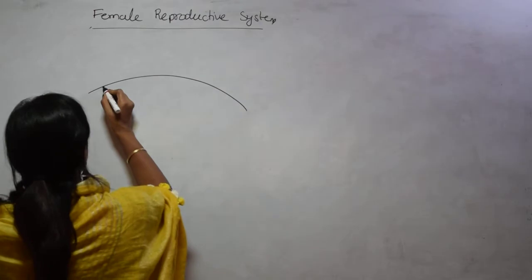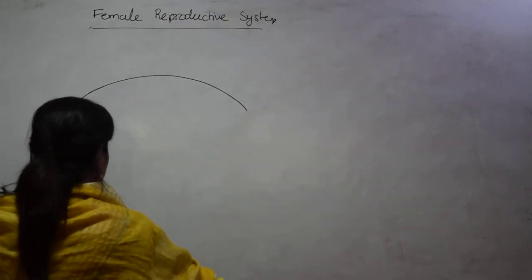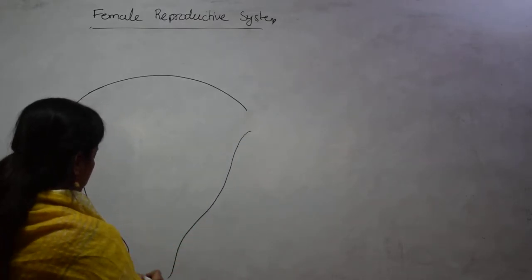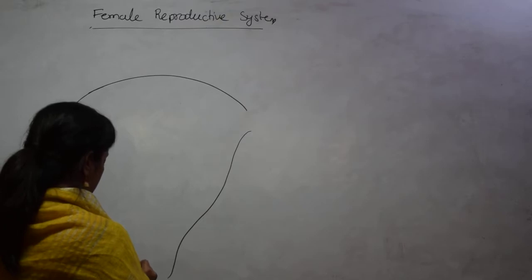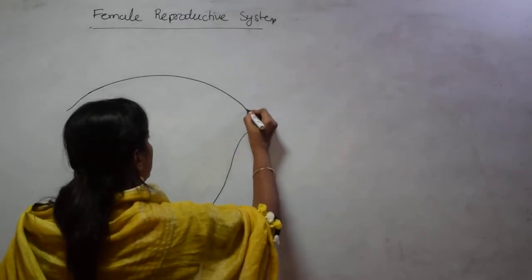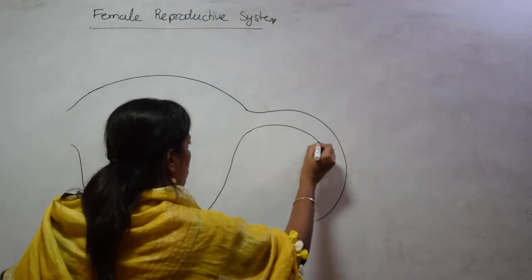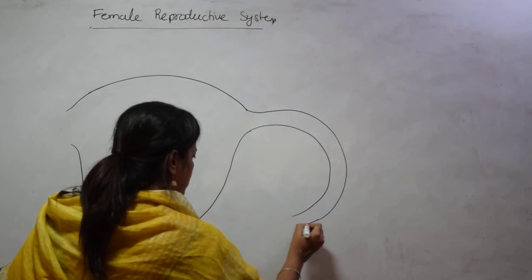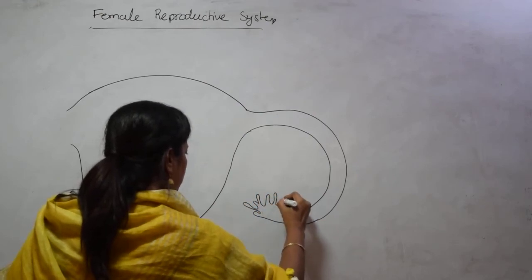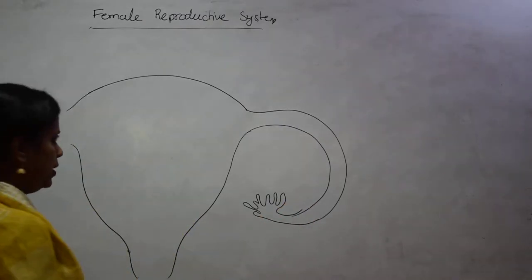It's a wedge shaped structure, and you keep drawing this kind of diagram, which carries 5 marks. First you put the outlines. Here is the fallopian tube or the oviduct. The oviduct ends with highly opened finger-like structures called fimbriae.